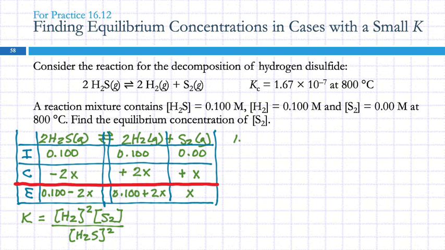So Kc is 1.67 times 10 to the minus 7. And that's equal to the hydrogen concentration at equilibrium, and that's squared, times the sulfur concentration, which was just X. And this is divided by the H2S concentration, which is 0.1 minus 2x.